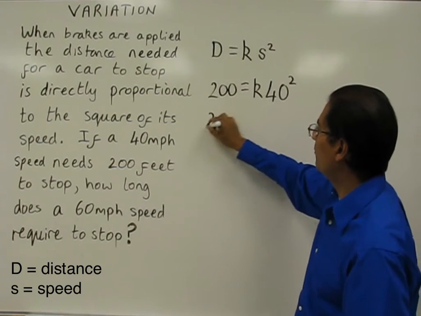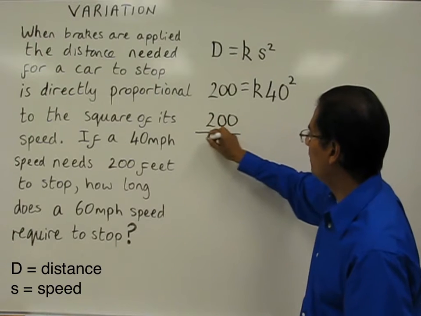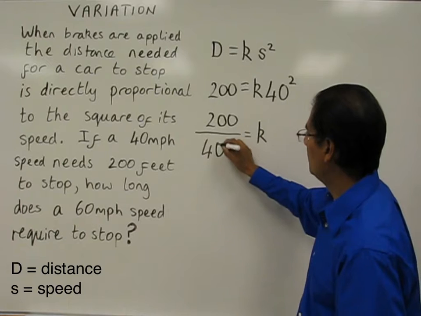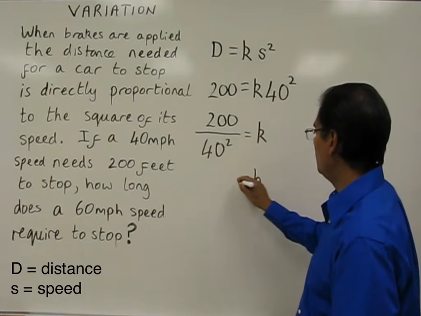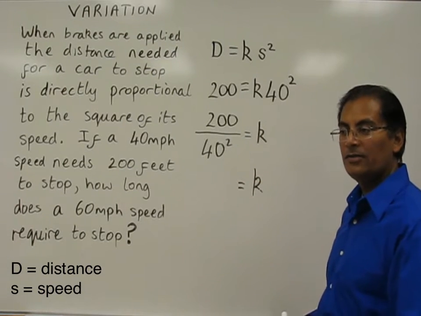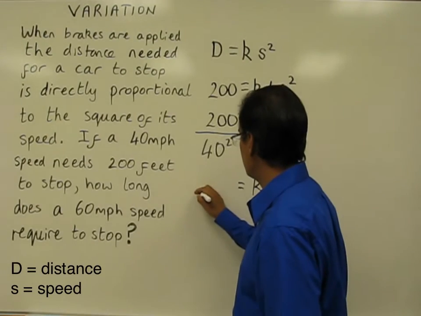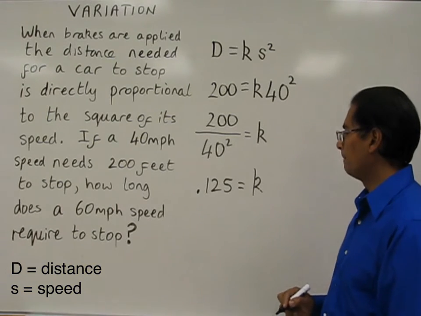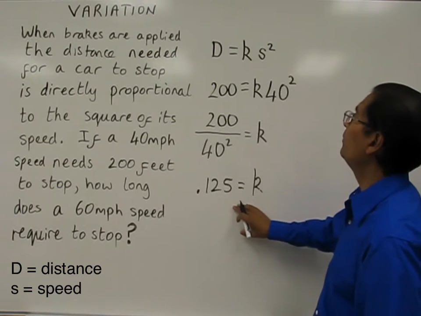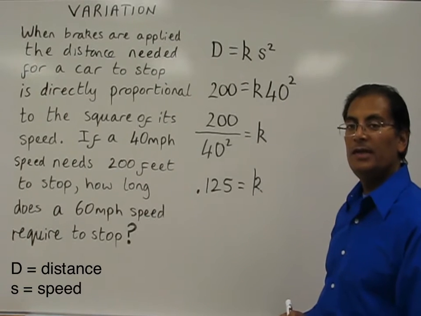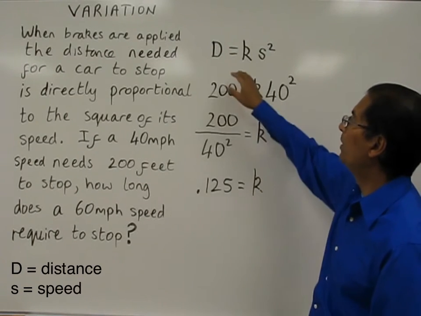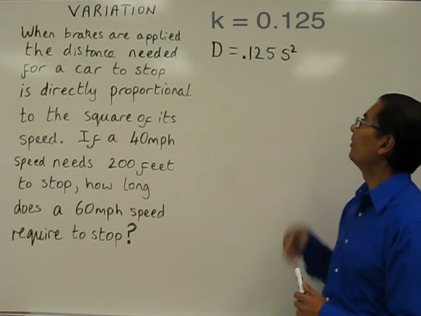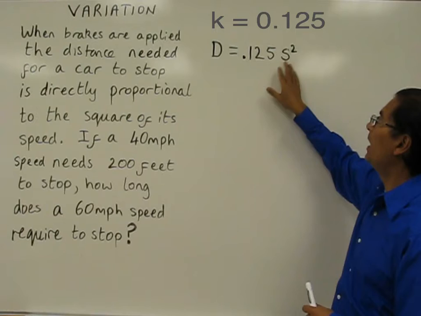We divide both sides by 40 squared. So we have 200 divided by 40 squared equals k. And so k is equal to, when we do this calculation, 0.125. So now we can plug this 0.125 back into our equation to have the relationship between distance and speed.